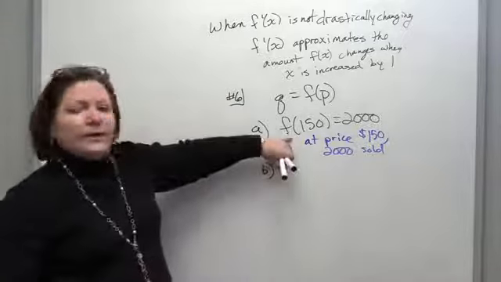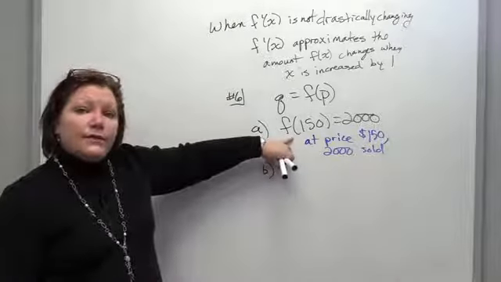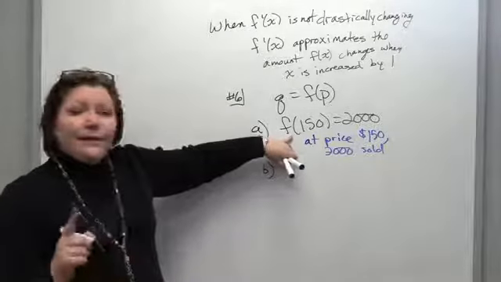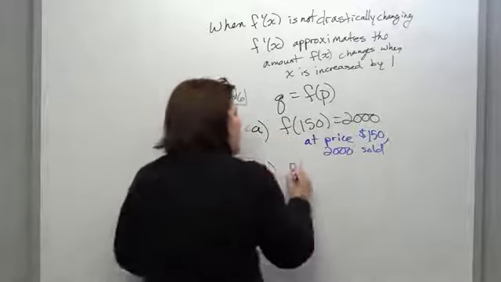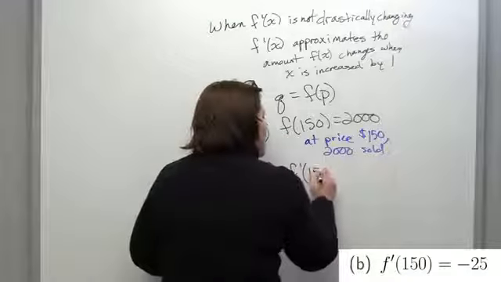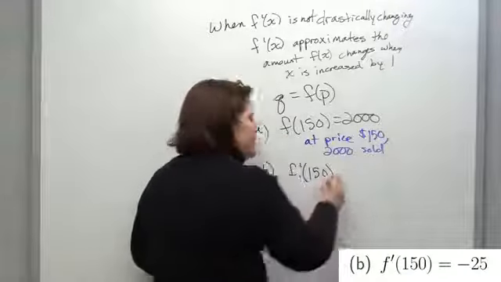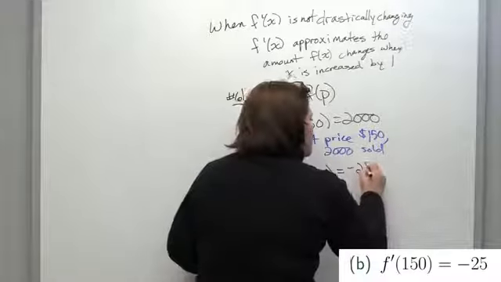And this is really understanding function notation. But now we're getting into calculus. What does it mean if f prime of 150 equals negative 25?